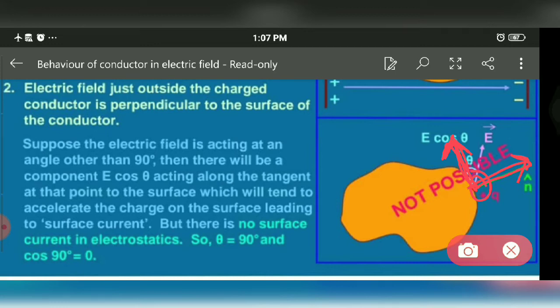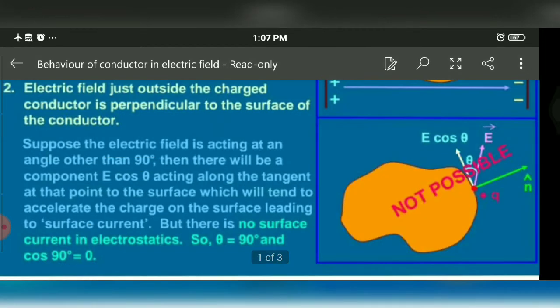If theta is equal to 90 degrees, cos 90 is 0. Suppose the electric field acts at an angle other than 90 degrees, then there will be a component E cos theta along the tangent. This tangential component tends to accelerate the charge on the surface, leading to surface current.